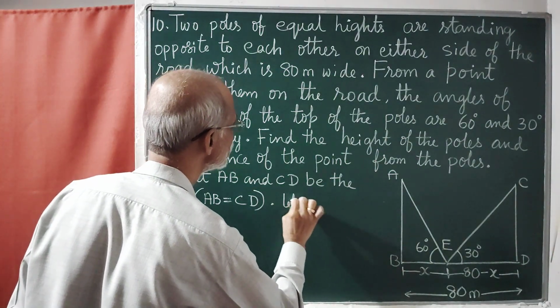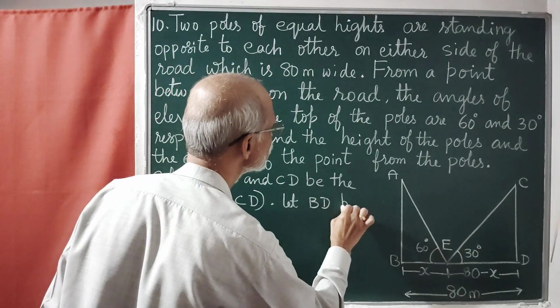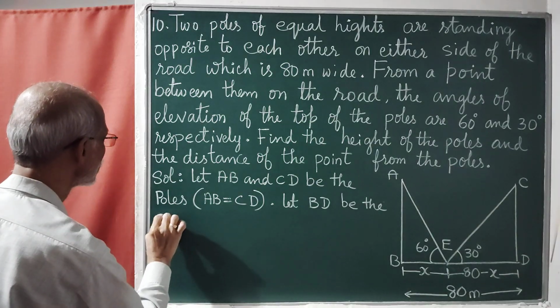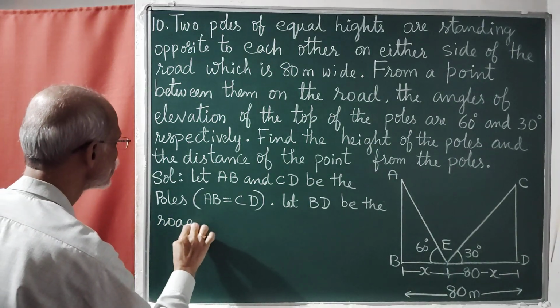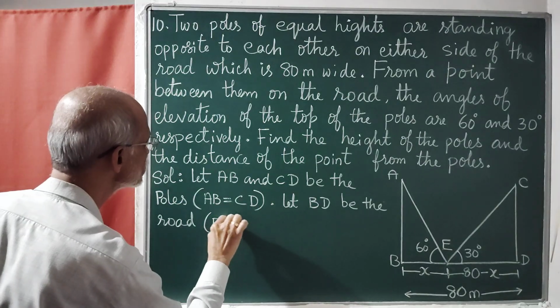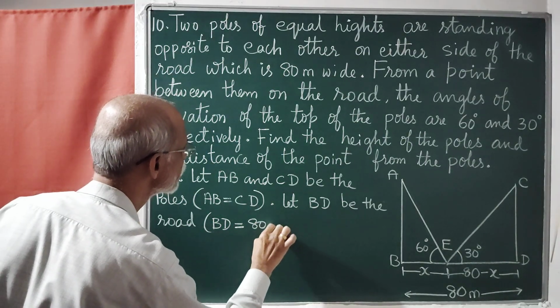Let BD be the road, and we are given that BD is equal to 80 meters.